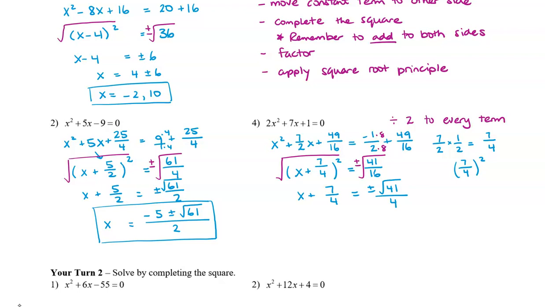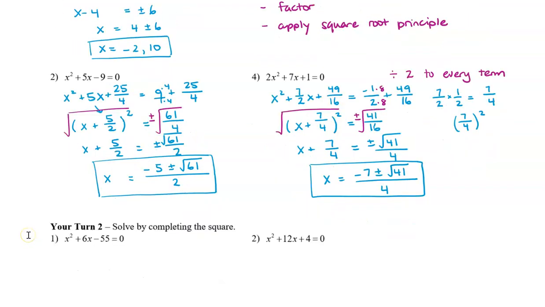That doesn't always happen. All right, last thing is let's move the 7 over 4 to the right. So we have negative 7 plus or minus the square root of 41. And notice the denominators are the same again, so that's all over 4. Okay, and that's how you use completing the square to solve a quadratic equation.